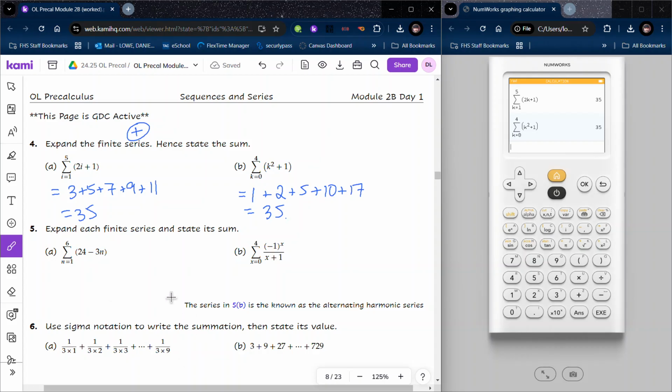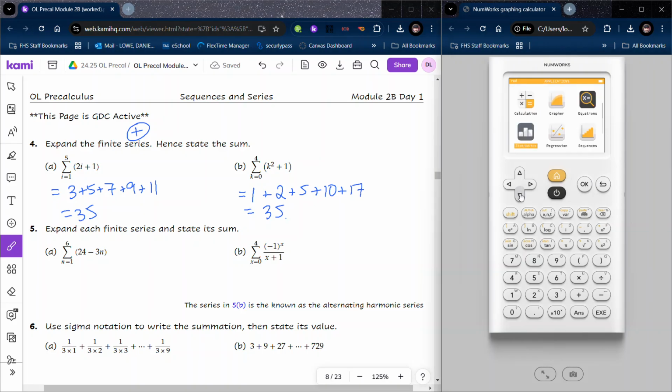Okay, so if we look at number 5, we want to expand each of these series and state the sum. You don't necessarily need to have a calculator to do these, but for students that like to have the calculator, we can make that adjustment. Let's look at our sequence.